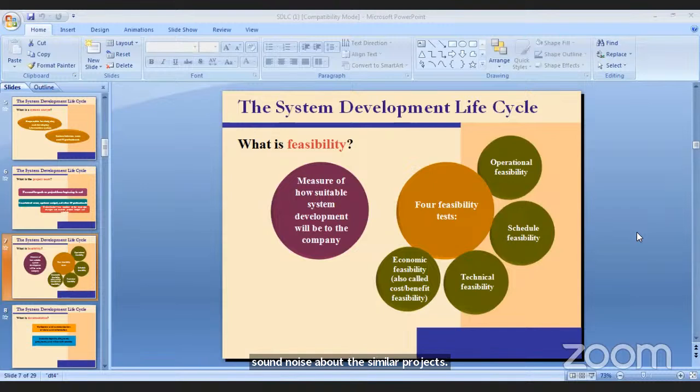In the technical feasibility, they basically verify the technical aspects of the system to be developed. Technical aspects, I mean the hardware requirements, the software requirements, the infrastructure they need. Like, in order to use the MIS software, you need a computer or laptop that you have to purchase.